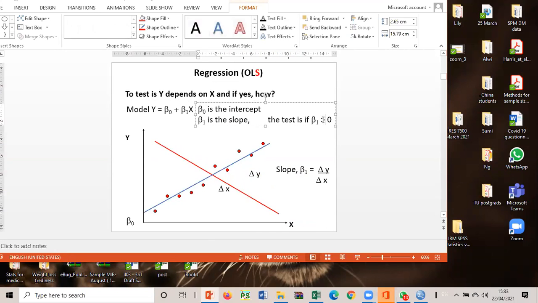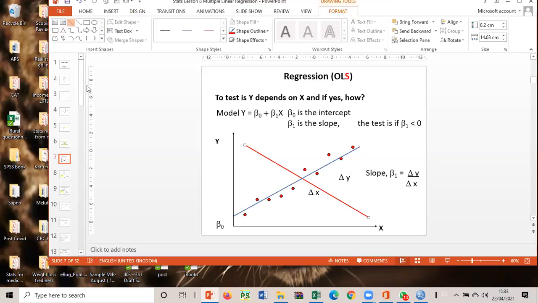Non-zero. It is less than 0. Now what do you say? Does Y depend on X? Yes. Y depends on X, but negatively. Just now, positively. And the middle, I draw one more, the middle will be 0.